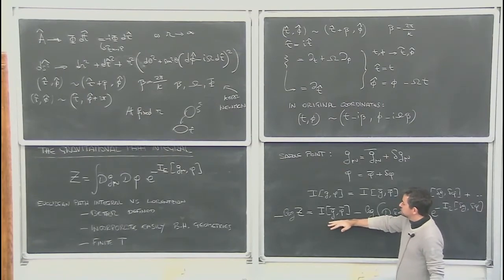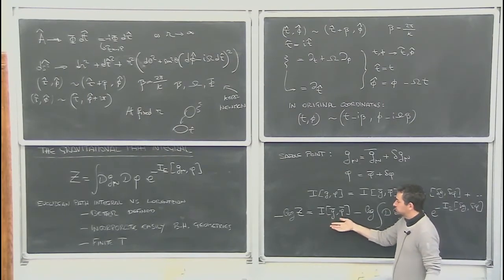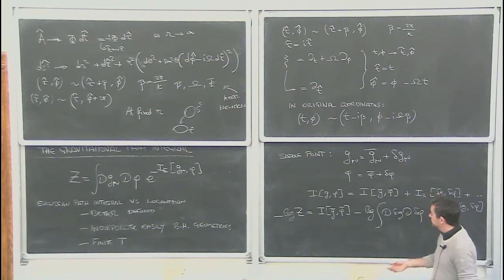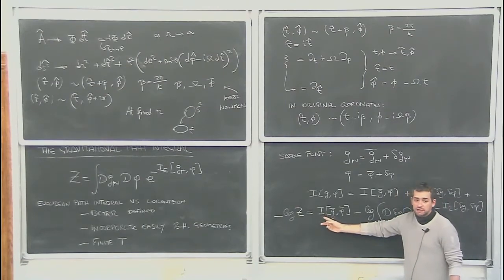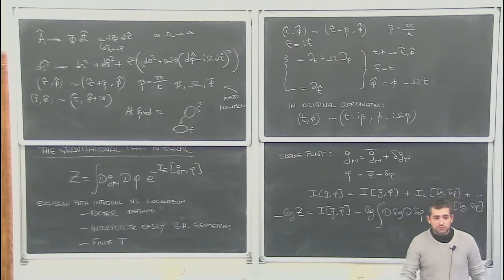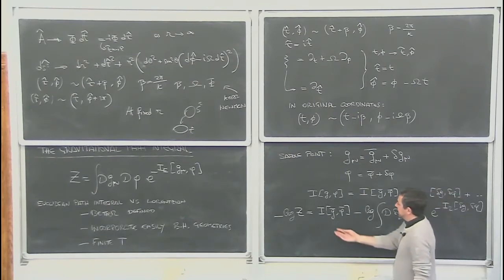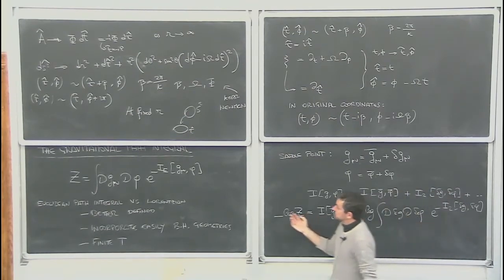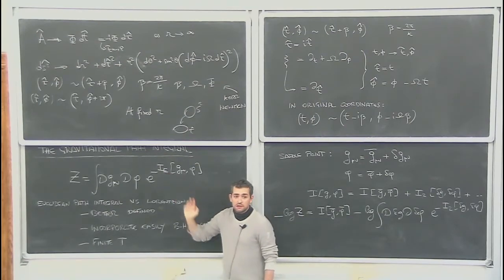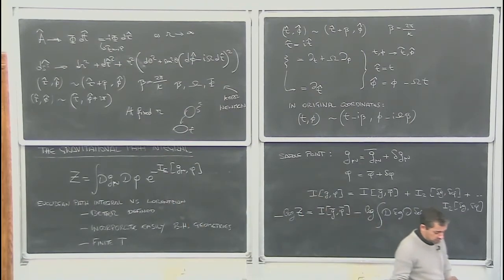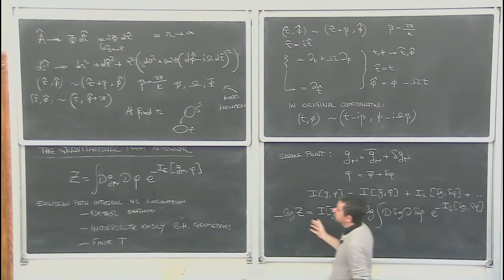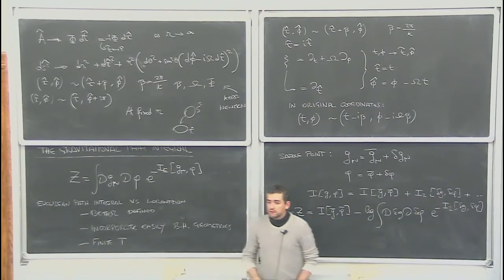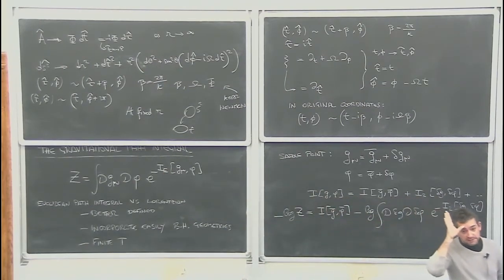So this should be the contribution from the solution that solves the classical equations, because it's what extremizes the action I. Right? The classical equations of motion extremize the action, so it's the dominating term in this path integral. I find the saddle point by extremizing the action, so I impose the classical equations of motion. So this is the way we recover the solution.